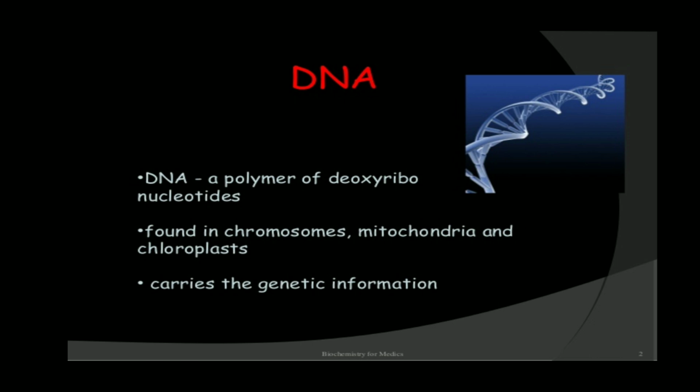In 1869, the scientist Frederick Miescher, when he was just 22 years old, a physician, isolated DNA from pus cells, which he obtained from discarded bandages in the Franco-Prussian war, and thus accidentally found DNA.